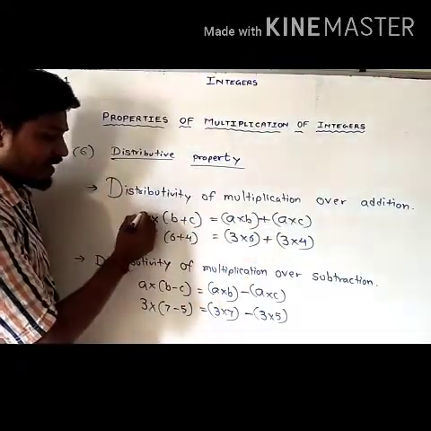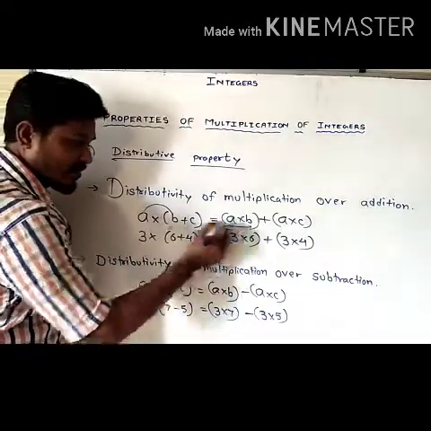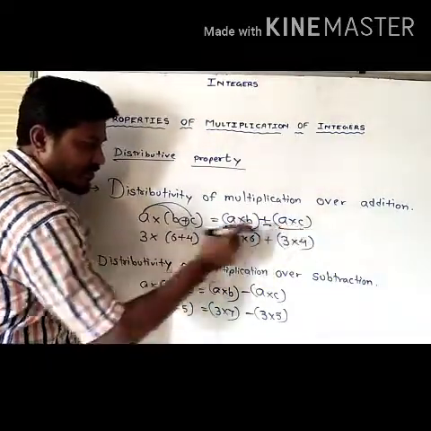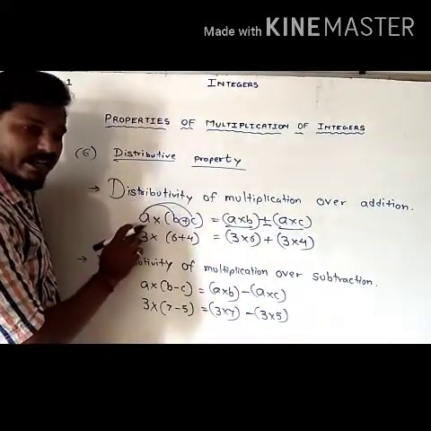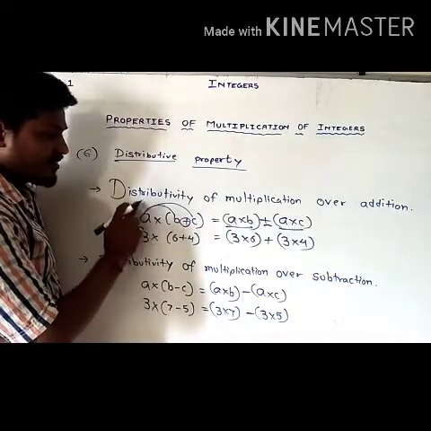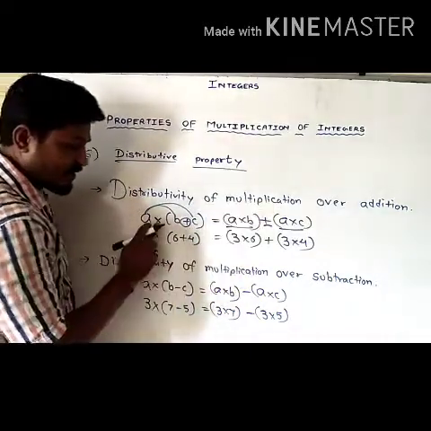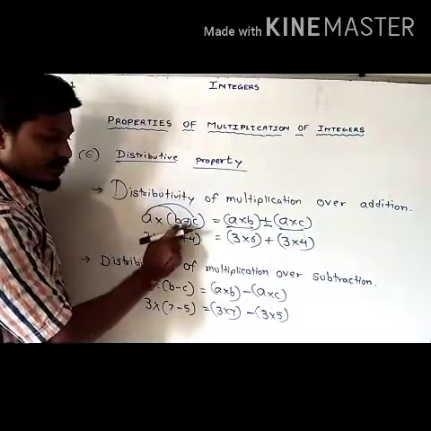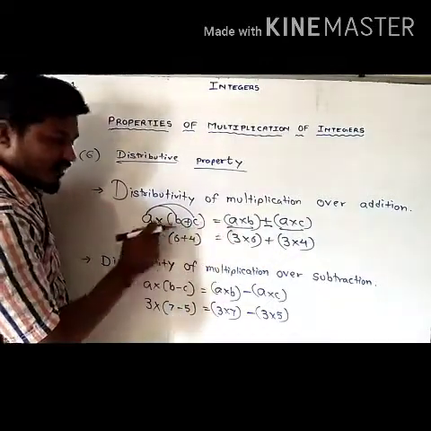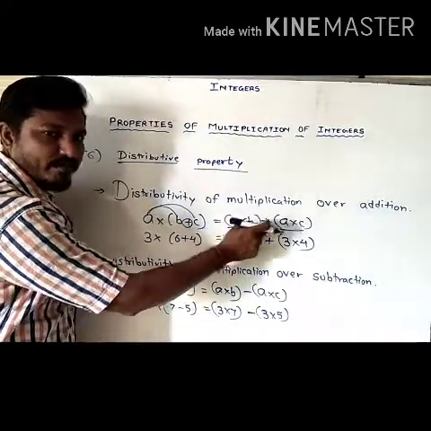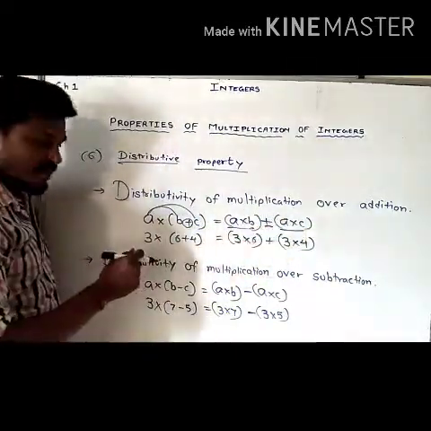Means you have to multiply a with b, then put addition sign, then a into c. It is the distributive property of multiplication over addition.